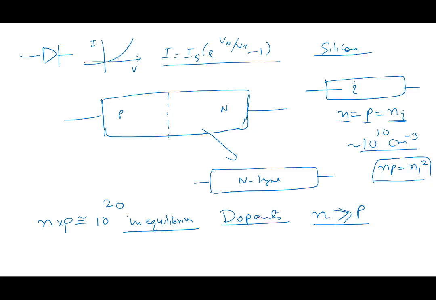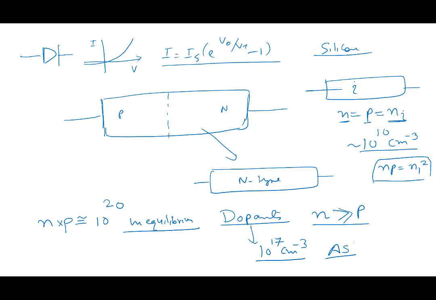Now you take an N-type semiconductor. In an N-type semiconductor, you add dopants. Let's say you add dopants at 10 to the power 17 per centimeter cube. From your previous exposure, a dopant could be an arsenic atom. Arsenic has 5 electrons in its outer shell, silicon has 4.